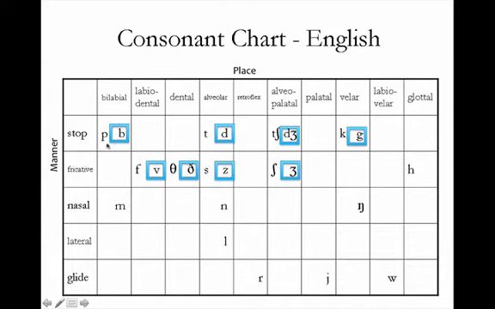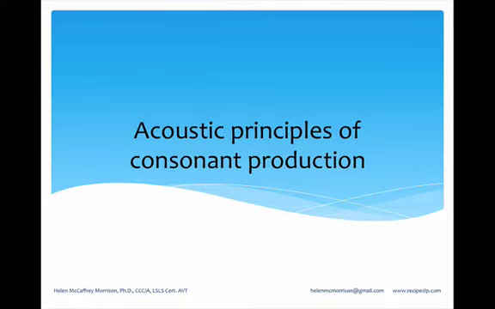So we have the p and the b, the t and the d, the ch and the j, the k and the g, and so on. You'll also see that we have some consonants that don't have cognates. These consonants are all produced with voicing.